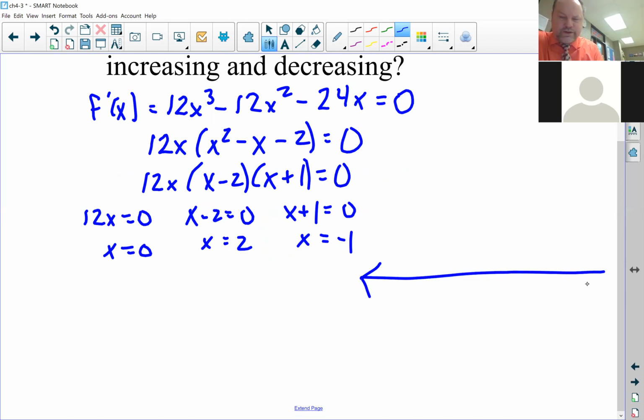And so one way that you can kind of organize this is on a number line. So I'm just going to label this number line. This is f prime of x. And I'm going to plot those 3 x values.